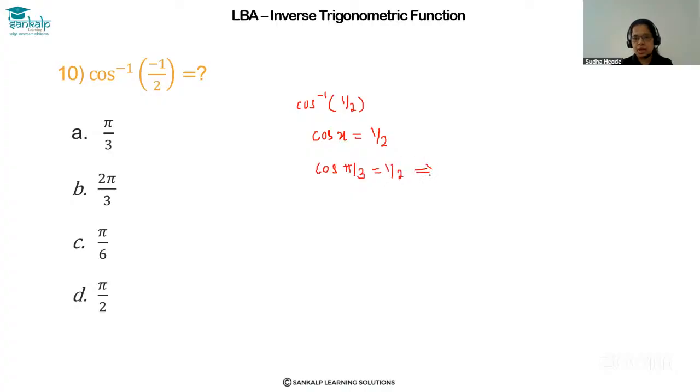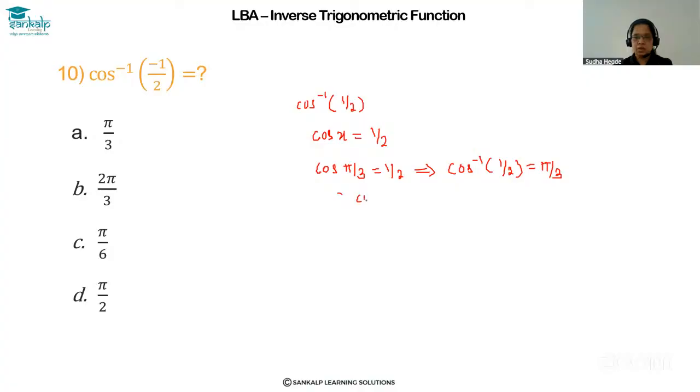This implies cos inverse 1 by 2 is equal to pi by 3. Correct? But you require cos inverse minus 1 by 2, isn't it? So, in the second quadrant, cos is negative.